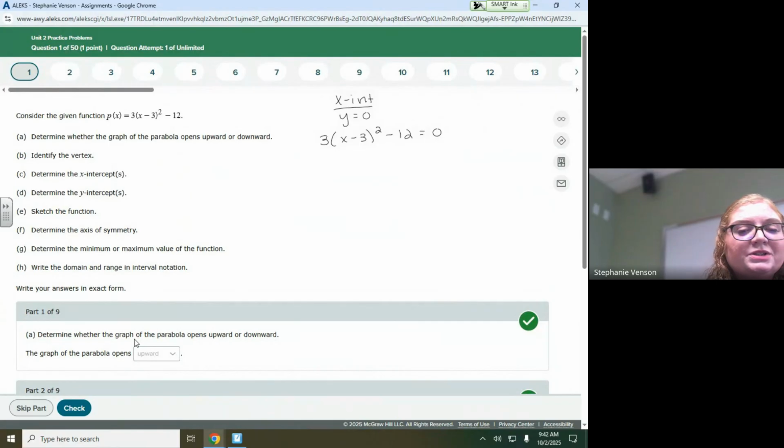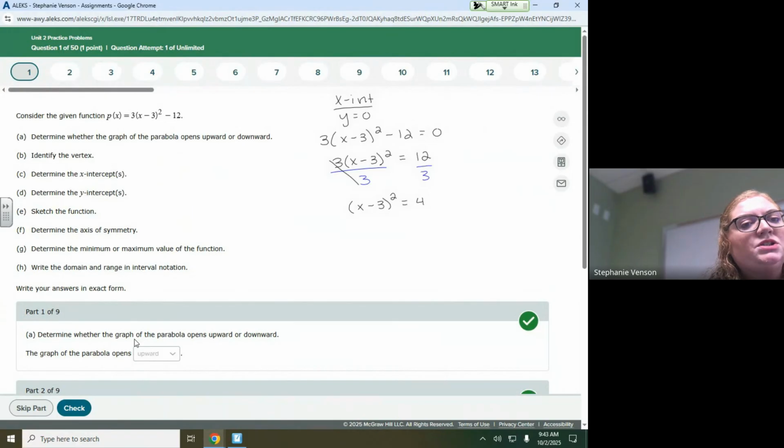So first thing I would do is add 12 to both sides. 3 times (x minus 3) squared equals 12. And what would you guys do next? Divide both sides by 3. Okay, so (x minus 3) squared equals 4.